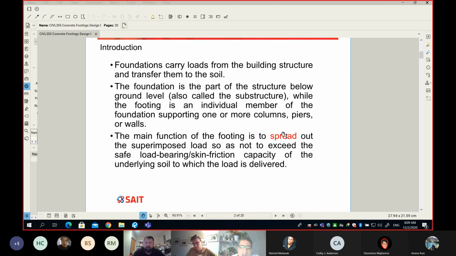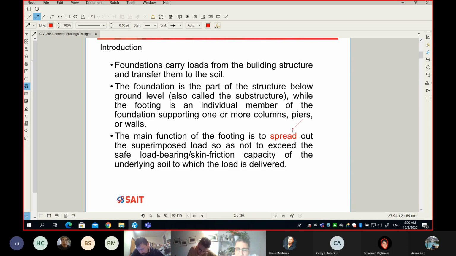So really the function of the footing is to spread, and you can see on my screen that I highlighted the word spread with red, okay, because really that's what it does. It spreads the load that comes from almost a point load into a reasonable level of stress into the soil. Okay, here is the point.